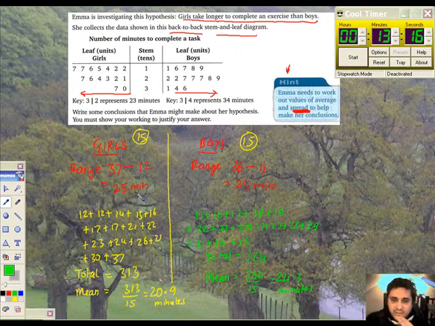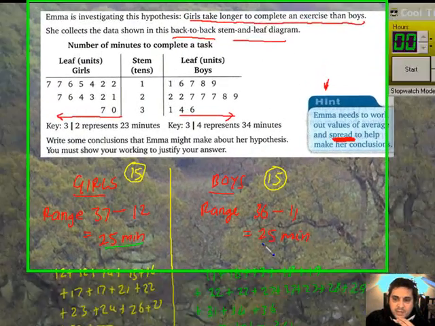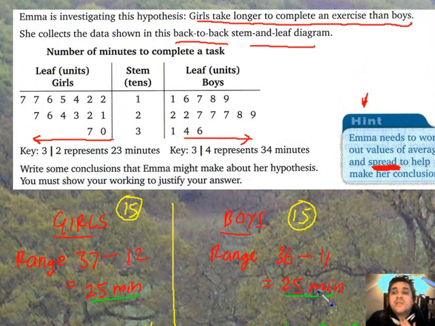So let's go back to this idea of range and spread. The spread of results for boys and girls is exactly the same. There's equal variation in the times taken for boys and girls to complete the test.